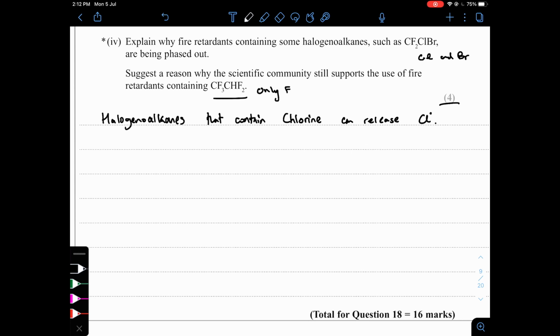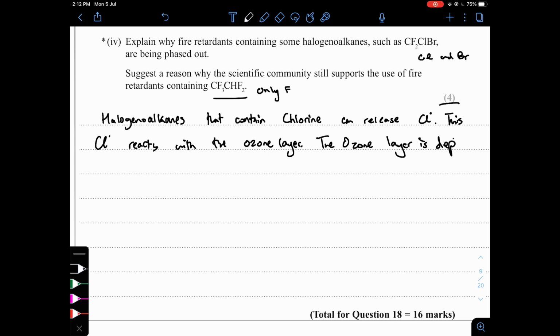Because the chlorine releases free radicals. This Cl reacts with the ozone layer, and because now it reacts with the ozone layer, what happens to it? It breaks it down, right? The ozone layer is depleted because of this.